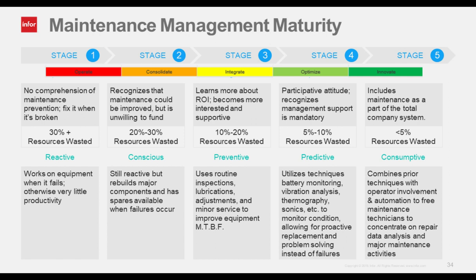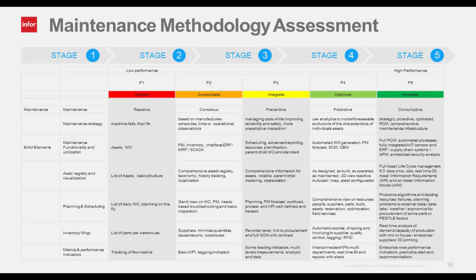Am I at the second or third stage, which is an opportunity to do preventive maintenance, or set up at least an idea for doing preventive maintenance but haven't really got there yet? Or am I going into some of the more advanced stages that are predictive, consumptive, prescriptive, different terms, and how to deal with those? And the answer is yes to all of the above, because you're going to have assets.